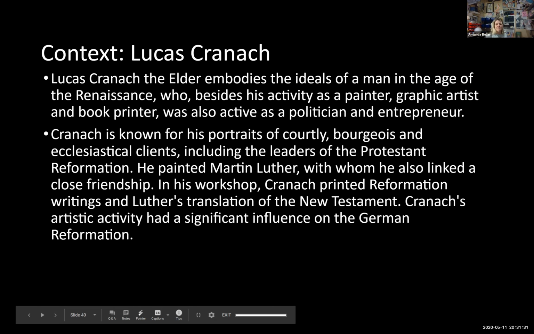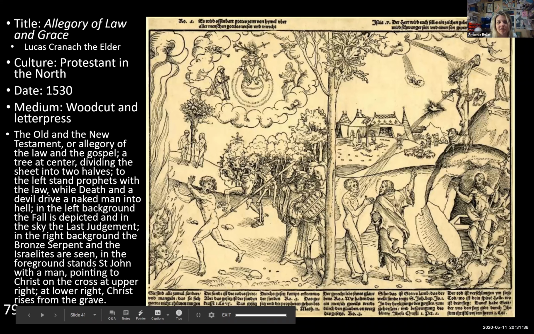And so this is going to be a German work, The Allegory of Law and Grace, and it's supposed to show how the Protestant faith is better than Catholicism. On one side you have law, and law is the bad side. Law is the Catholic side. Again, not my viewpoints, just theirs.